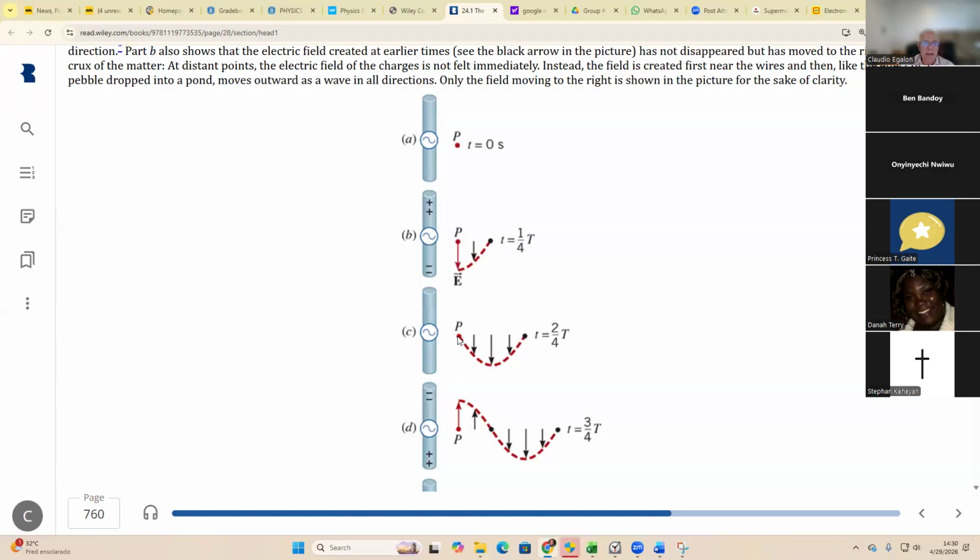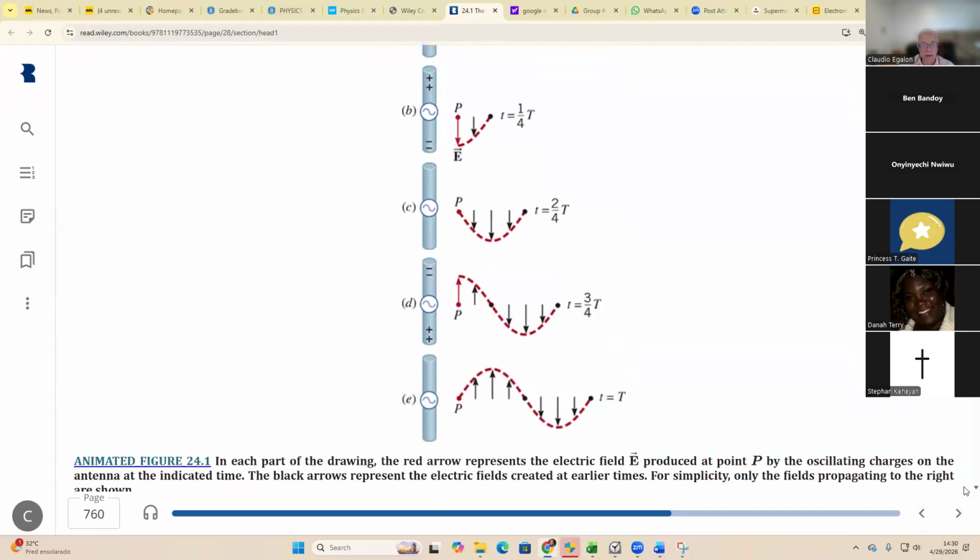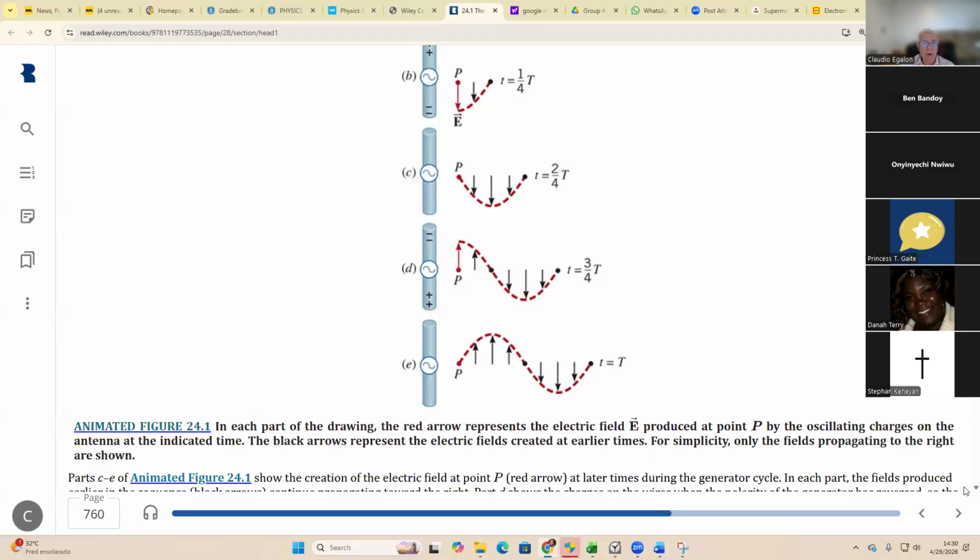And then later on, when it's neutral, no charges, right? At the end, it goes back to zero. And when it inverts the polarity, it has maximum amplitude in the positive direction. That's how you should visualize it. Okay, and finally, we have this full wave.